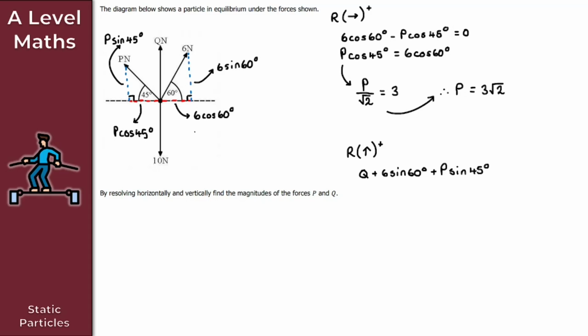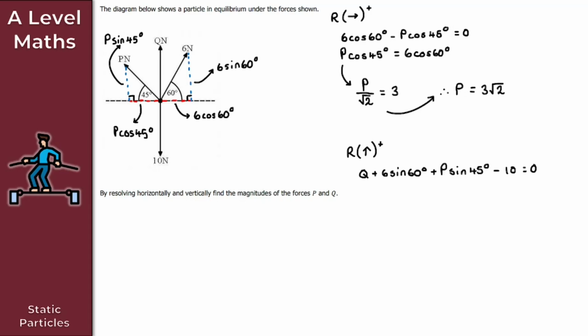We now need to consider what forces are acting vertically downwards, which in this case is just a single force of 10 newtons. So because we took upwards as positive here, this force of 10 newtons that is acting vertically downwards, that would be negative here. Okay, so that's going to be minus 10 here. And this is equal to 0 because the particle is in equilibrium.